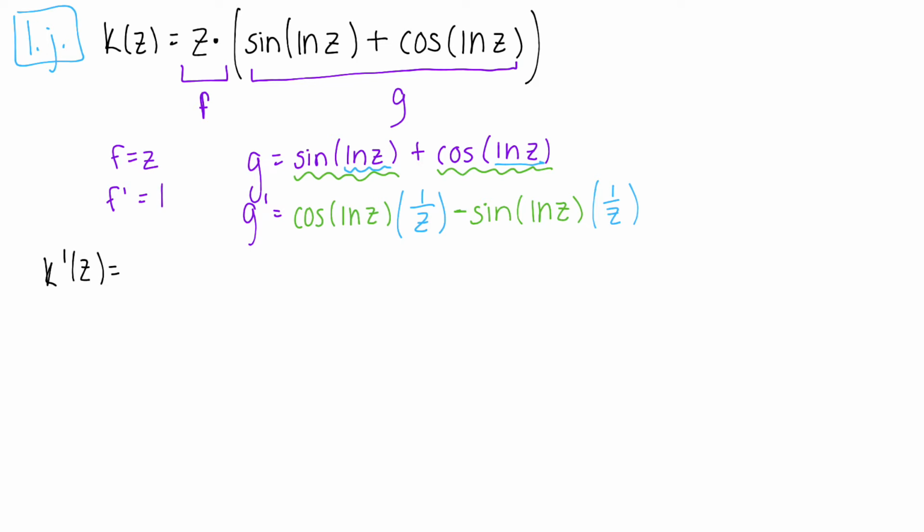So k prime of z is going to be f prime g plus g prime f. F prime is 1. I'm not going to write that. And then g is sine of ln z plus cosine of ln z.